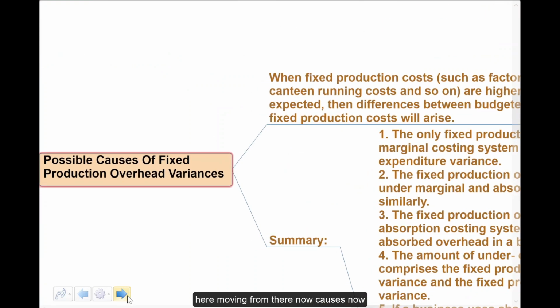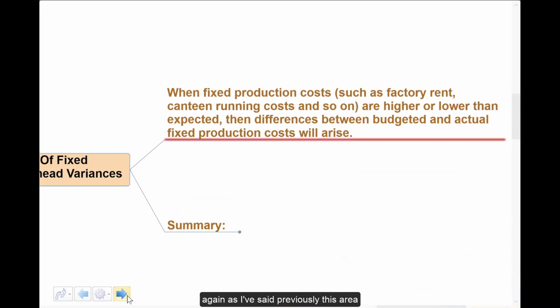Moving from there, now causes. Again, as I've said previously, this area of causes for different variances is important to us. Now you may wonder to yourself, where you have a fixed production cost, e.g., a factory rent, canteen, etc., why would they change?